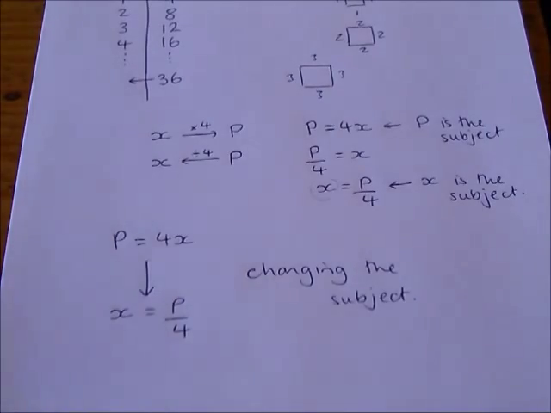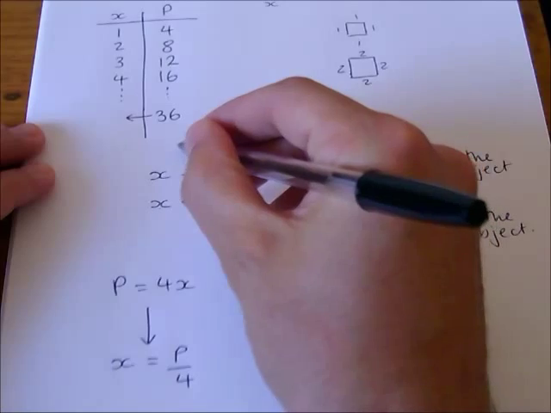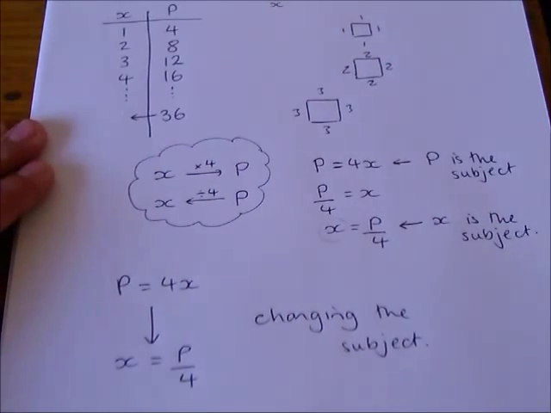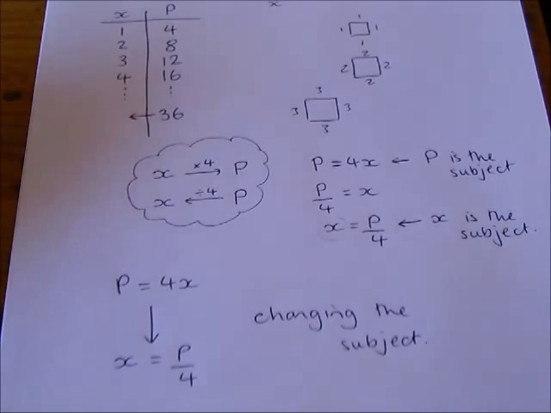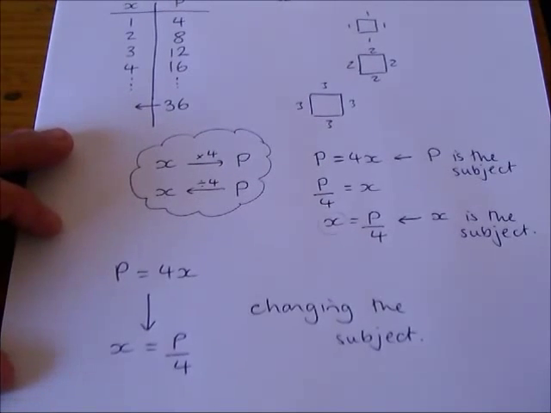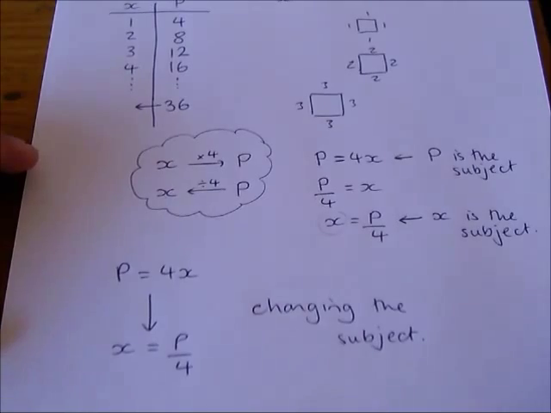There are a couple of ways you can do it. With simple formulas you can use this sort of idea, which is number machines and working backwards. But with more complex formulas you're going to need to use the balancing method, similar to that you would use for solving equations.